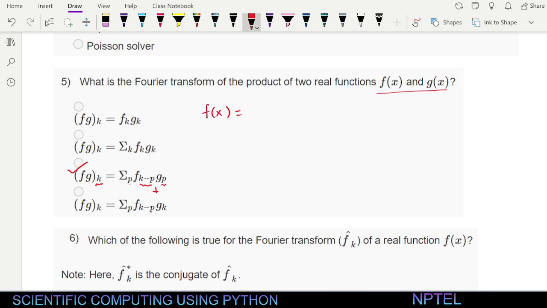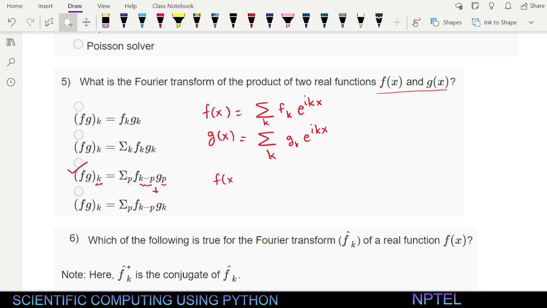f(x) is the sum over k of f_k e to the power ikx. g(x) is the sum over k of g_k e to the power ikx.